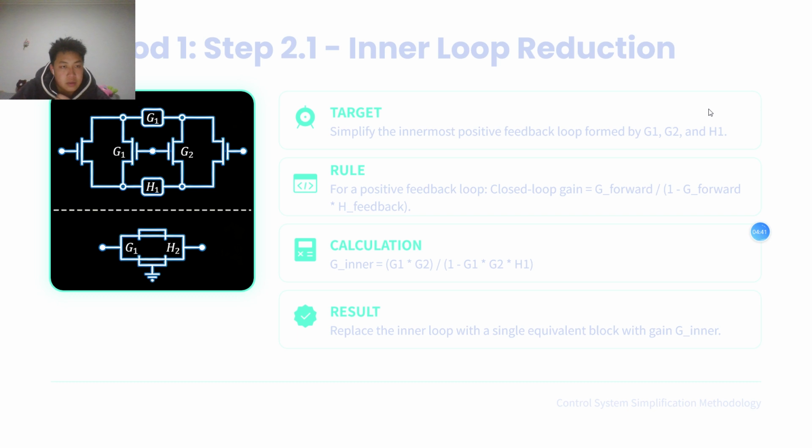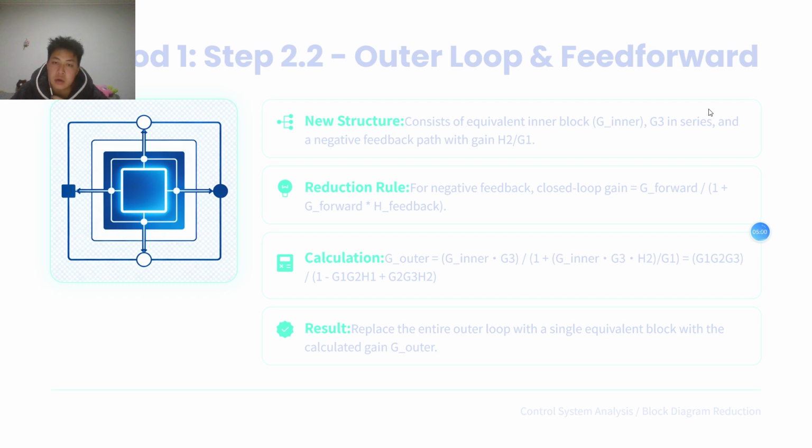And method 1, the inner loop reduction. You can see the result is to replace the inner loop with a single equivalent block with gain G inner. Then the outer loop and the feedforward. The new structure consists of the equivalent inner block G3 in series and a negative feedback path with gain H2 G1.